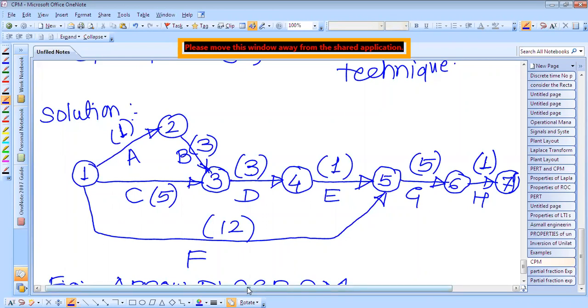And the timing for G is not 5 days. G activity is fixing lining on the inside of the tank. So here the timing is not 5 days, but 3 days are given.